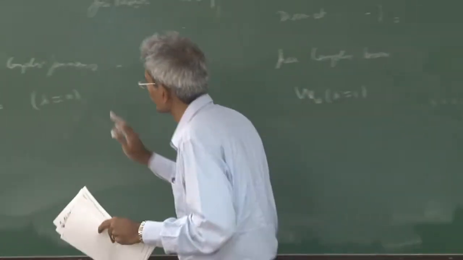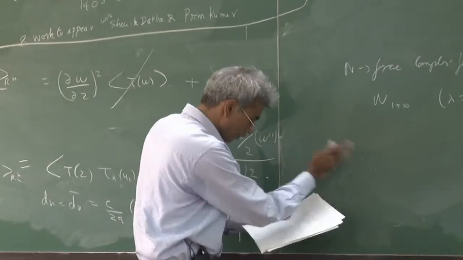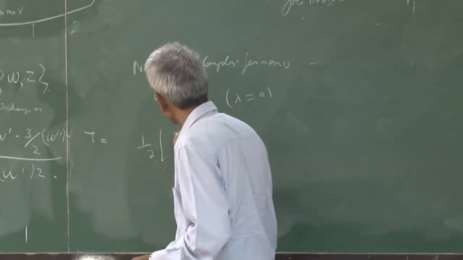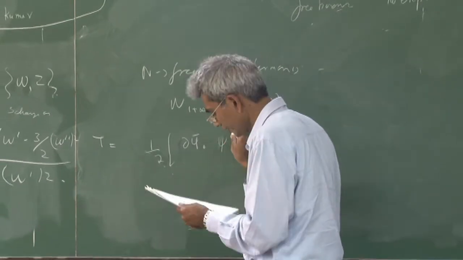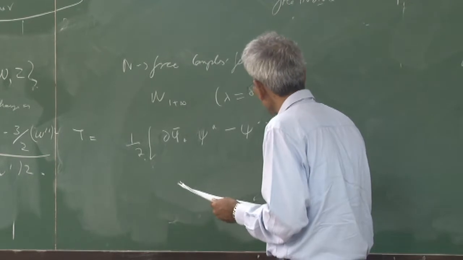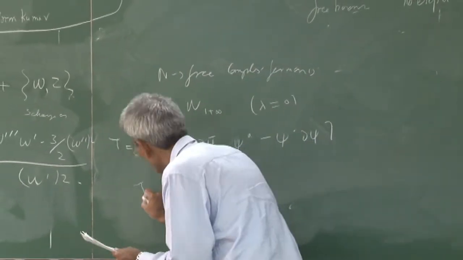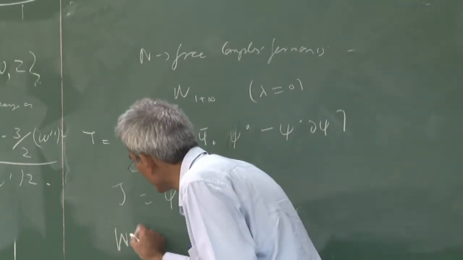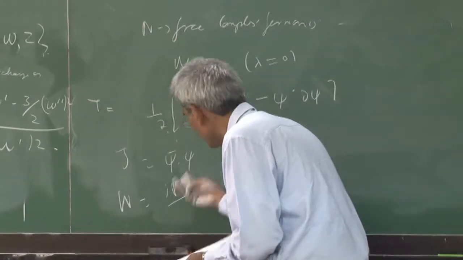Just so that I won't tell you with all these words, let me give you the currents, which are quite easy to see. Of course, you know the stress tensor for a free fermion theory would be something like a sum over the various copy or flavor indices of the fermion. In fact, there is a U(1) in this case, psi star psi. And what is the W? It has to have weight 3, with some normalization.